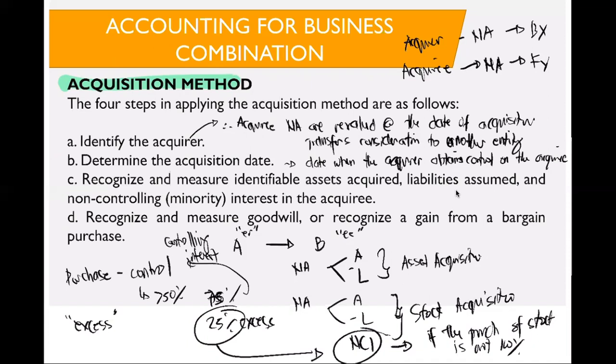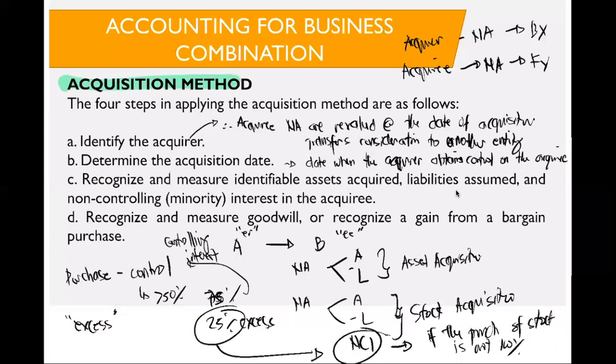And non-controlling interest is only present if the purchase of the stock is not 100%. In short, it is lesser than 100%. So in our example, we only purchase 75%. Therefore, the excess of 25% is considered as non-controlling interest.